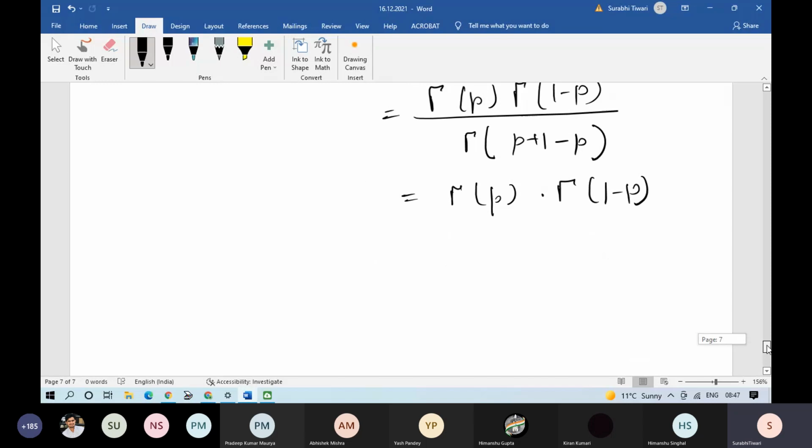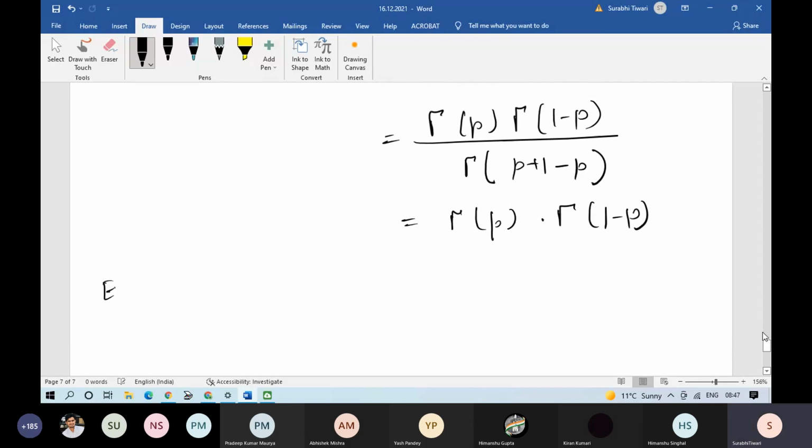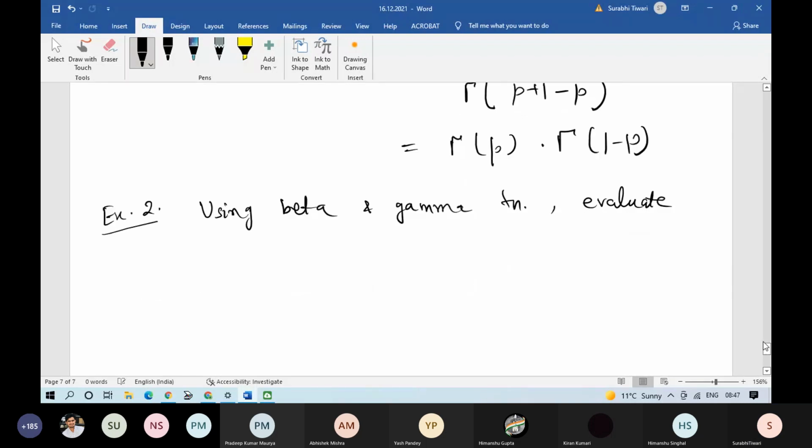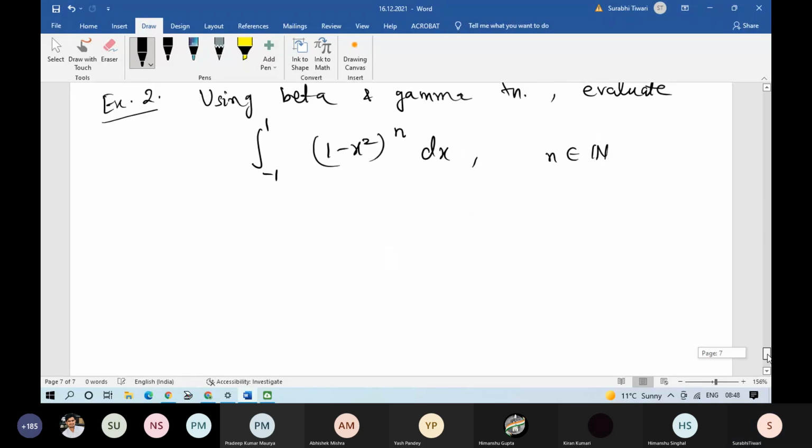Let's do one more question on this. This is clear, right? Using beta and gamma function, evaluate the integral from -1 to 1 of (1 minus x square) to the power n dx, n is a natural number. Again you can convert it into a beta function.